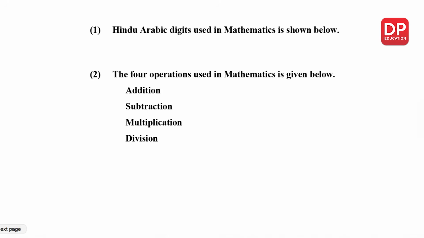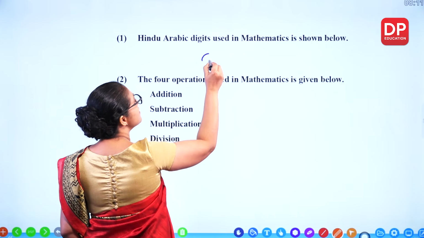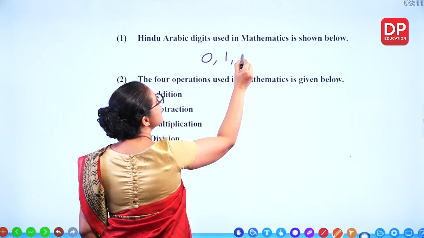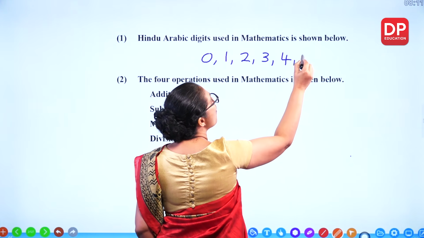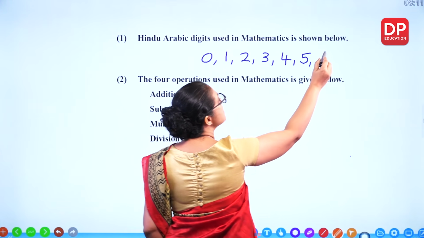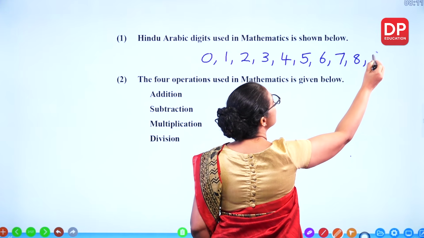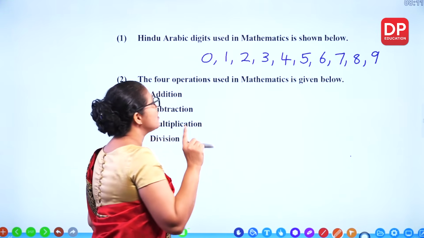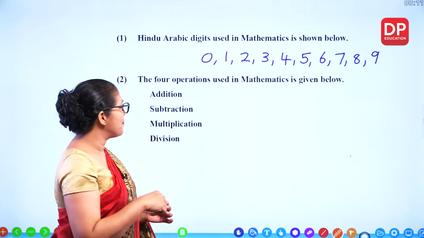Look at this one. Hindu Arabic digits used in mathematics. What are those? So you already know that. 0, 1, 2, 3, 4, 5, 6, 7, 8 and 9. Those are the digits in Hindu Arabic number system.